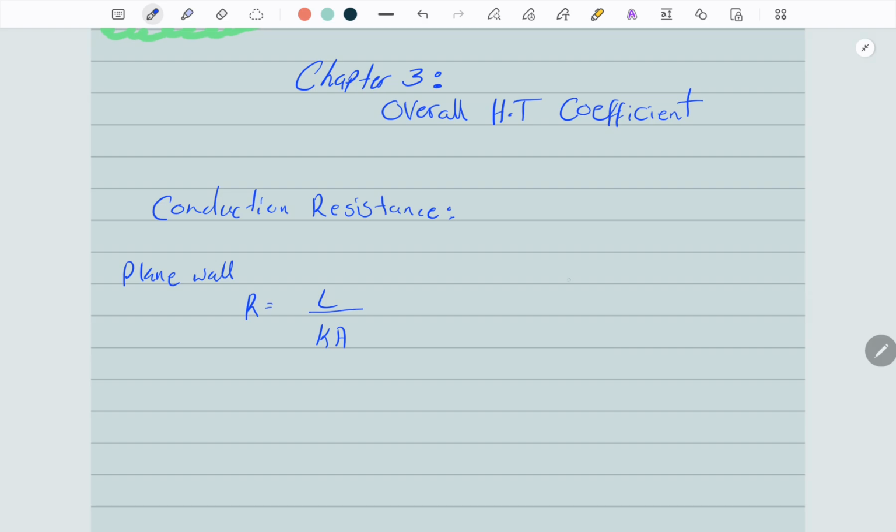Whereas for a cylindrical, meaning for pipes or tubes, the resistance equals ln R2 over R1 divided by 2 pi kL.